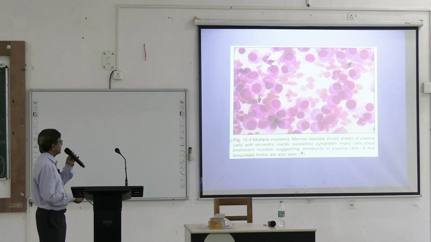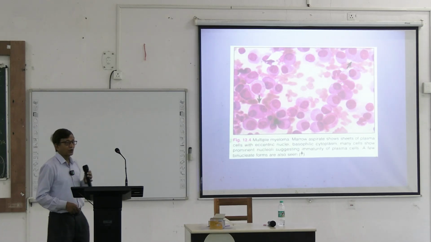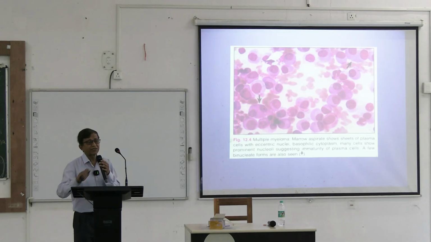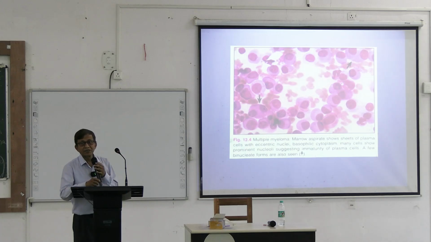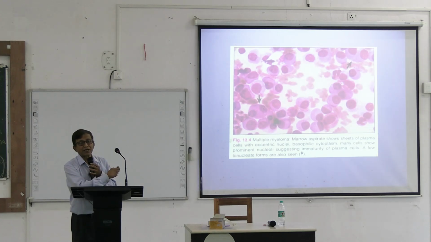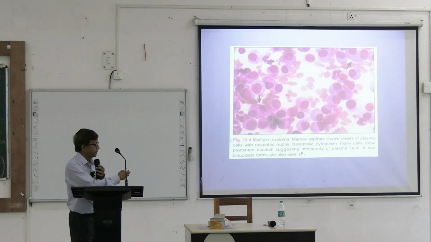Cells are binucleated. So don't read your book. Remember this picture. If you can extract it from your brain, you can jolly well diagnose the case of plasma cell myeloma. Got my point?